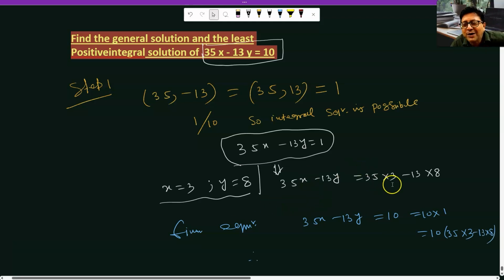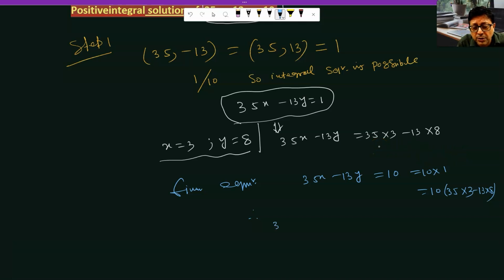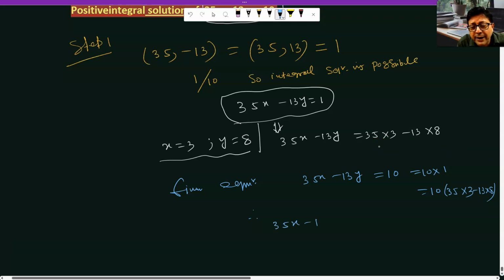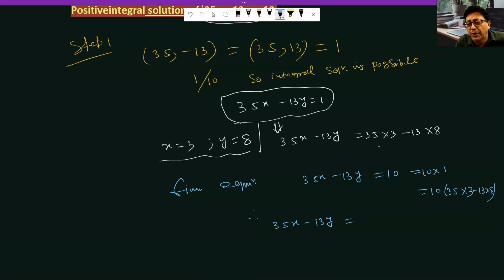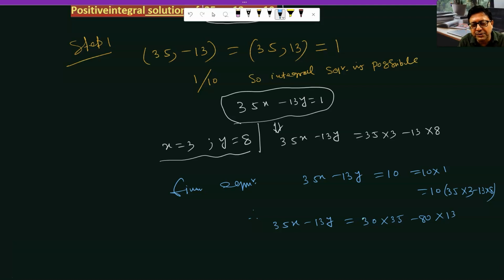Done? Because 1 we have written in this form, no? 35 into 3 minus 13 into 8, 105 minus 104. Done. So 35x minus 13y is equal to what? Just write 30 into 35 minus 80 into 13.